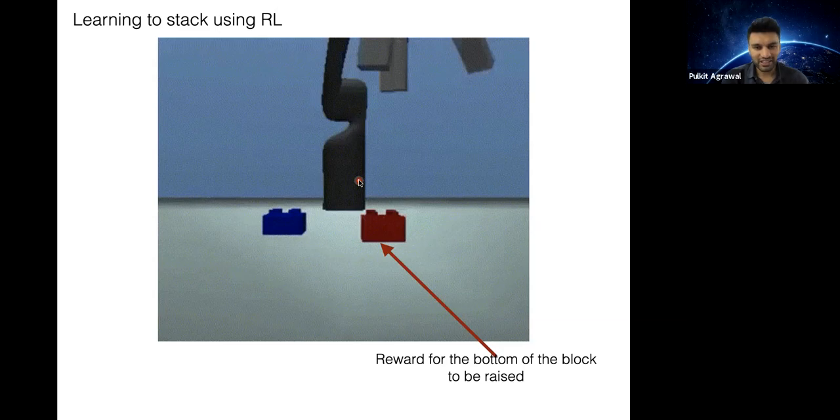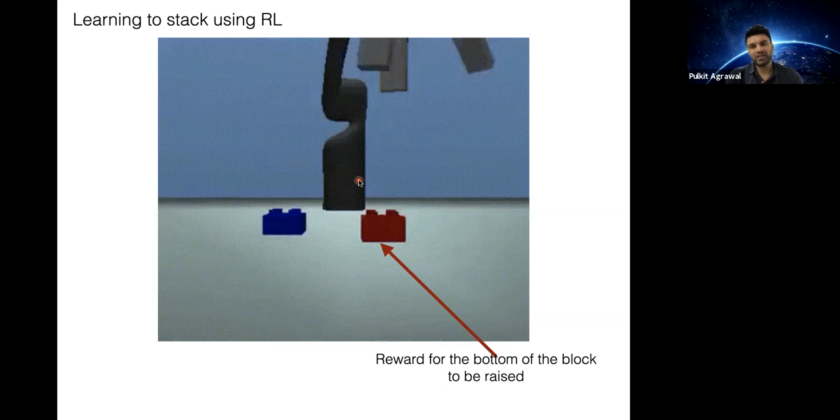So one question I have for everyone is, do you think this robot is going to succeed and lift this red block if we provide the reward function which is mentioned over here? You can think of the reward function as the z height of the bottom of the red block specifically.